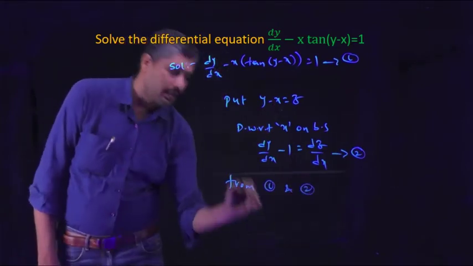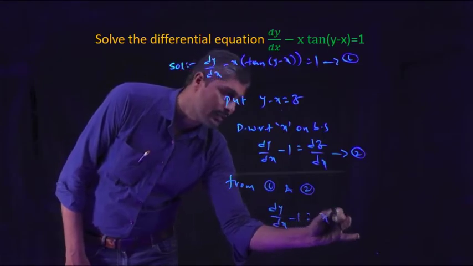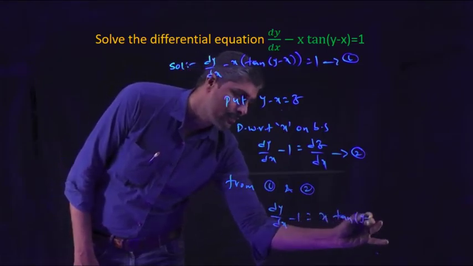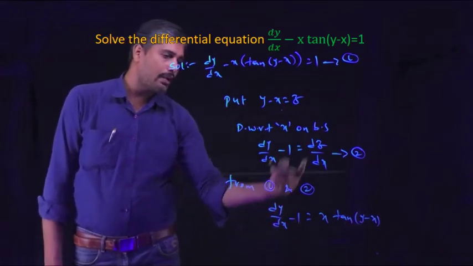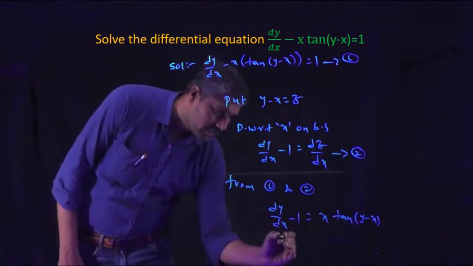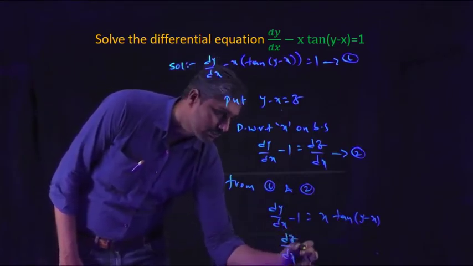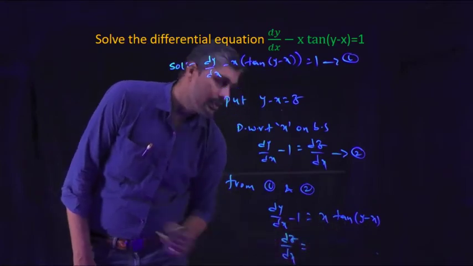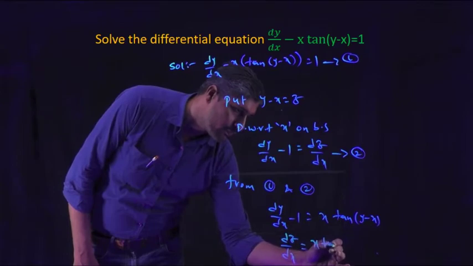right? Then dy by dx minus 1 equal to x into tan of y minus x. Therefore, dy by dx minus 1 equal to, we know that from equation 2, dz by dx. That is, dz by dx equal to x into tan of y minus x.